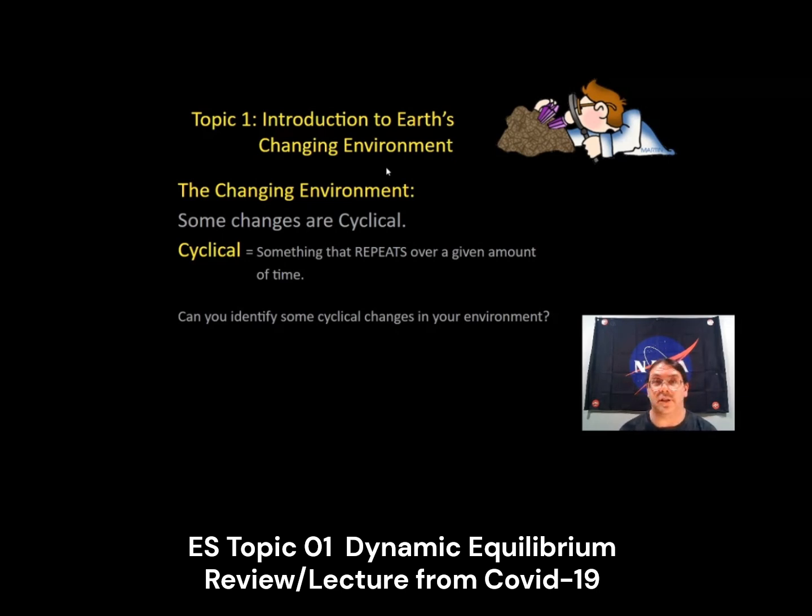Moonrise, moonset, cyclical. The yearly pattern change of the constellations, that's cyclical. We call them seasons, seasonal changing constellations, but it's still cyclical. Anything that shows a pattern change is a cyclical change. The phases of the moon, that pattern repeats itself. That's a cyclical change.